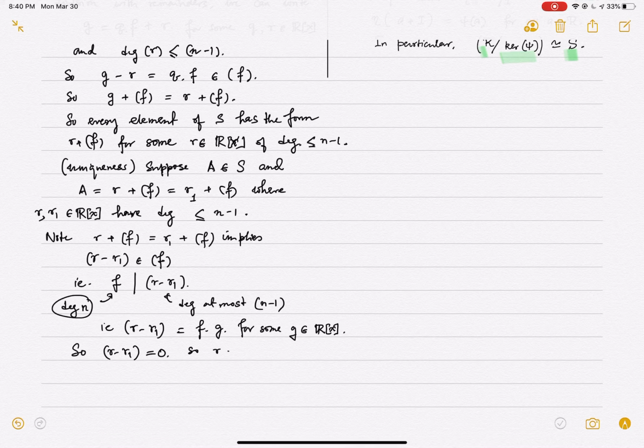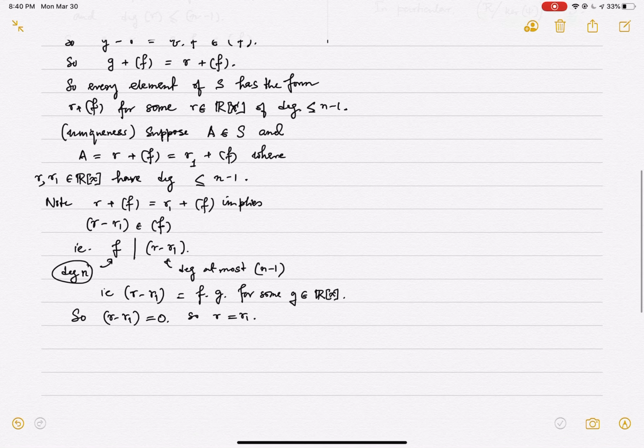So R has to be R1. So every element of S can be represented like this by a degree n minus 1 or a lower degree polynomial, and that polynomial is uniquely determined. Okay.